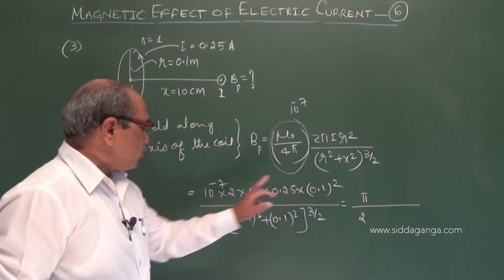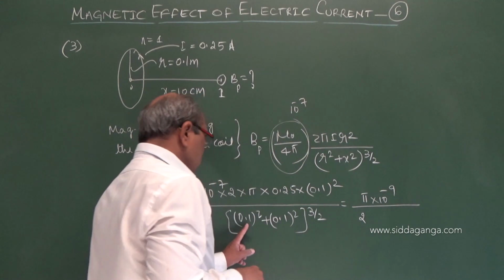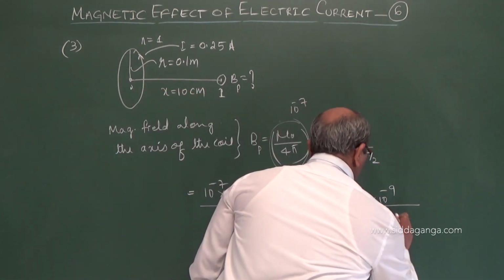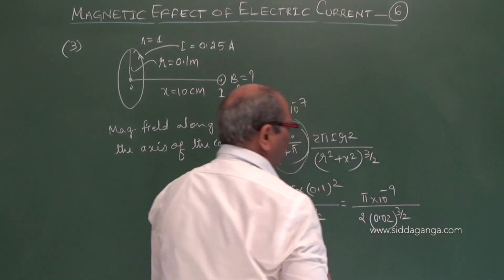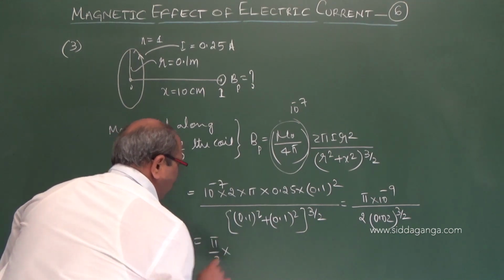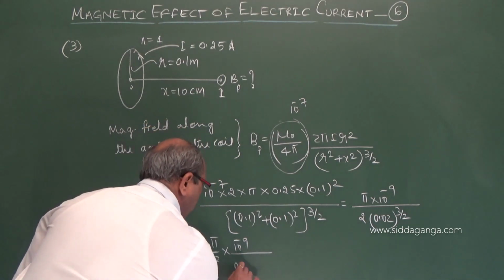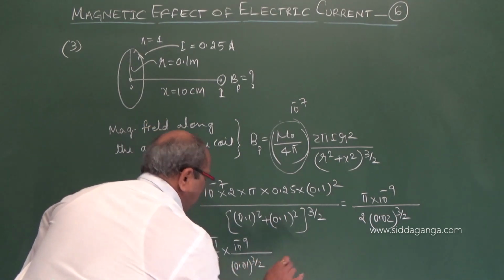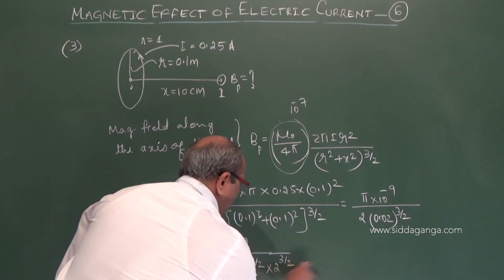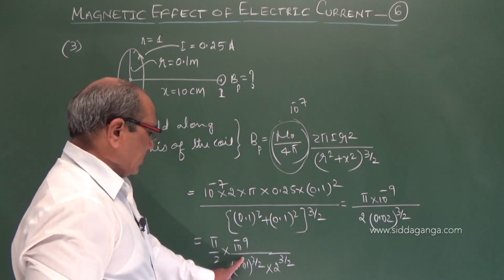Again it is 10 power minus 7, 10 power minus 2 in the numerator, so it becomes 10 power minus 9. The denominator becomes 0.01 plus 0.01, which is 0.02 to the power of 3 by 2. This I can write as pi by 2 into 10 power minus 9 by 0.01 to the power of 3 by 2 into 2 to the power of 3 by 2. 0.1 is 10 power minus 2, so it becomes minus 3.